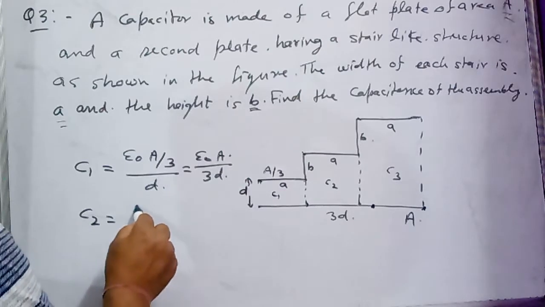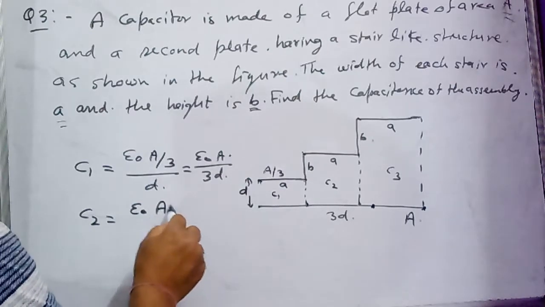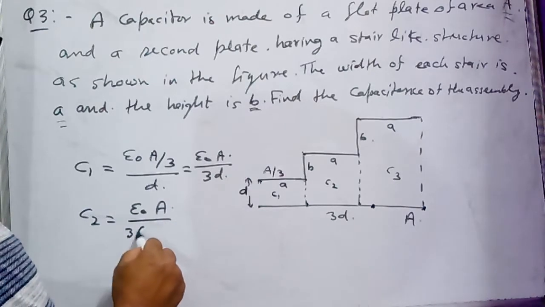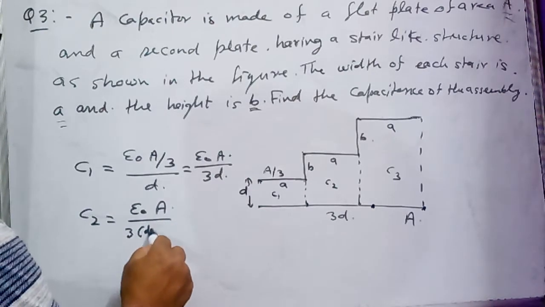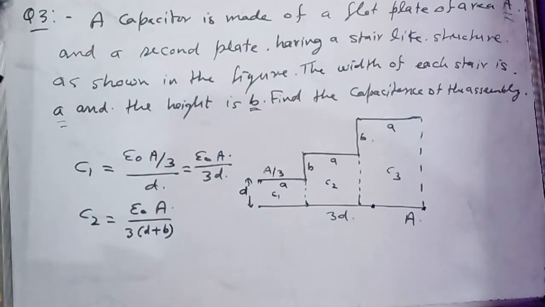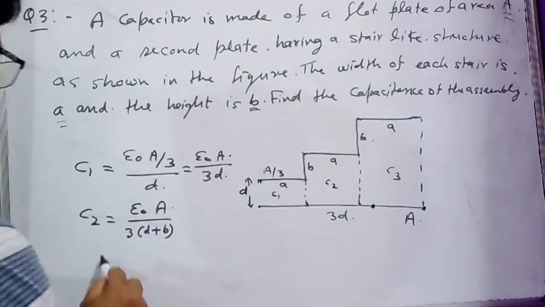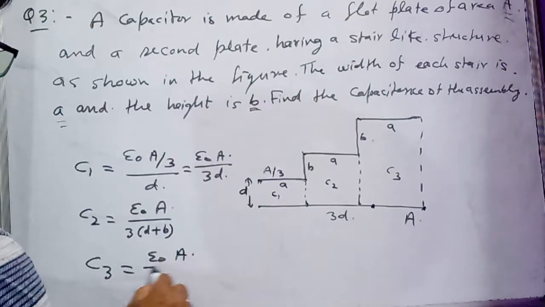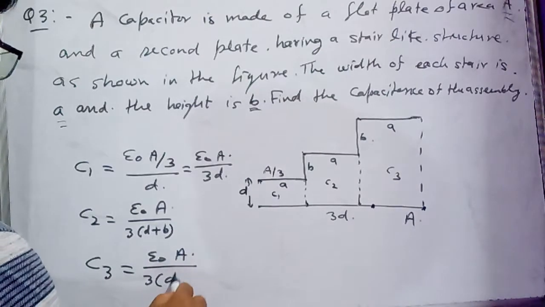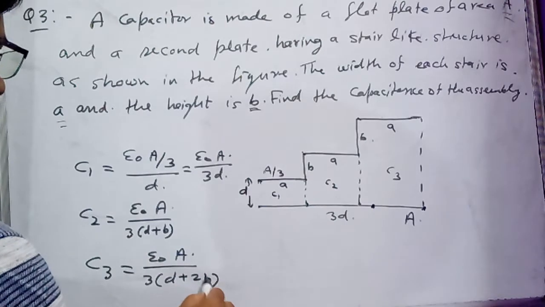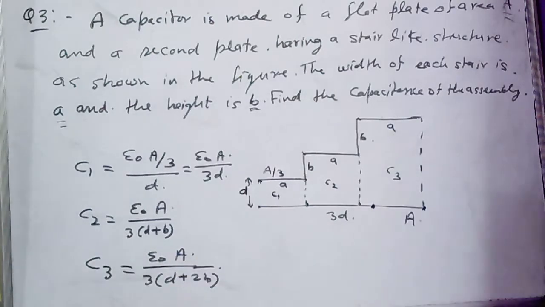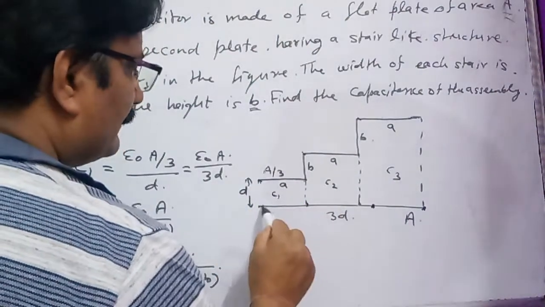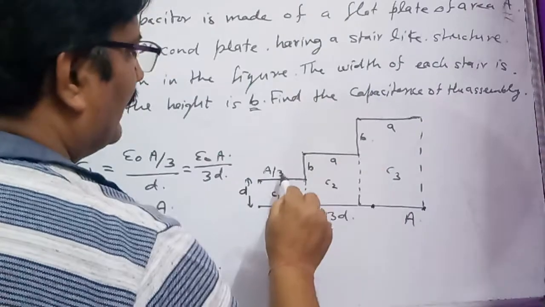The capacitance C2 is equal to epsilon naught A divided by 3 times D plus B. And the third capacitor? C3 can be written as epsilon naught A by 3 times D plus 2B. Now students, see, all three capacitors are in parallel.